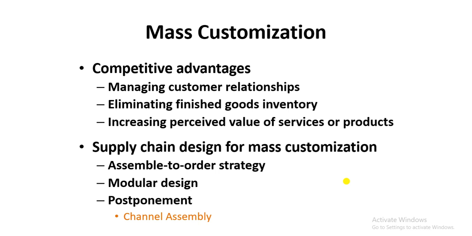As I talked to you with the example of the car assembling industry, the company will produce the main components in large quantity, and while producing the main components, they will focus on an efficient supply chain. After producing the main components, once they receive the order from the customer, they will focus on a responsive supply chain. So in mass customization, a company will use the assemble to order strategy.